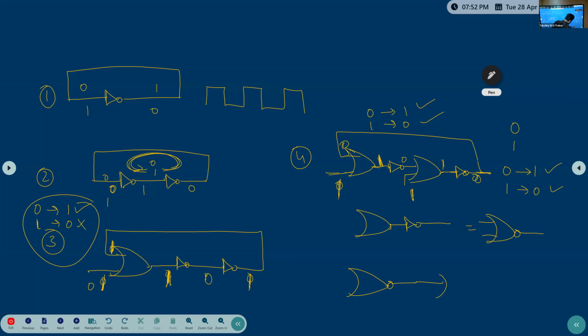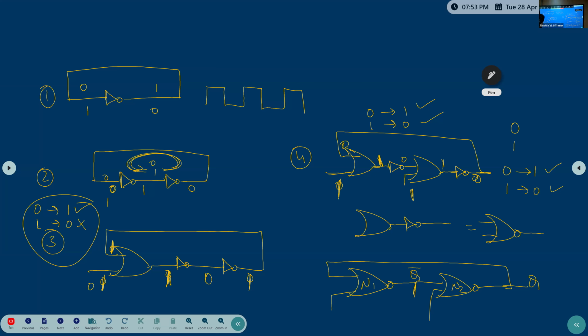And this is one more NOR gate. This is feedback, it's coming like this. So now whatever input I'm giving here, this will become the output Q here. This position is Q bar. Clear? This is NOR gate 1, NOR gate 2.